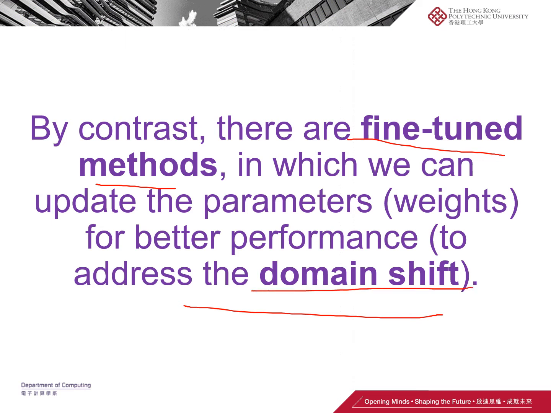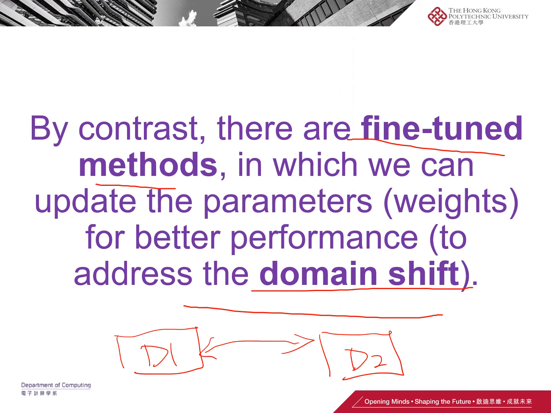This term has been used in different scenarios. For example, we have dataset 1, and we have trained a model. But in the real application, we're working on dataset 2, and these two are supposed to have some kind of difference. So by retraining that model on dataset 2, the model will better adapt to the characteristics of dataset 2. This is one type of domain shift.